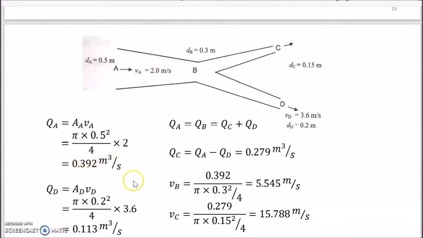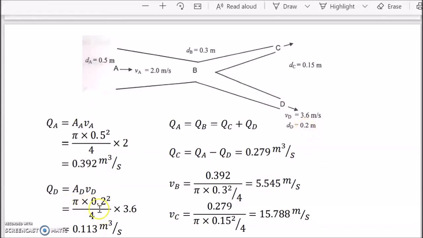And then we calculate QD. Area D, given the diameter is 0.2, so pi d squared over 4 times the velocity D, 3.6. So we get 0.113 meter cubed per second.